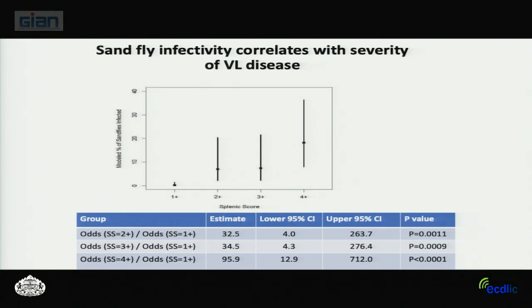I think there was only one individual that was scored 1+ that transmitted to flies, whereas there was very efficient transmission in the 4+ group, a late stage infection. So that's probably not so surprising, but still, these individuals, they have full-blown Kalazar. It's important to note that the earlier the diagnosis is, the earlier the treatment, and you'll remove them from the pool of individuals that can transmit to flies.